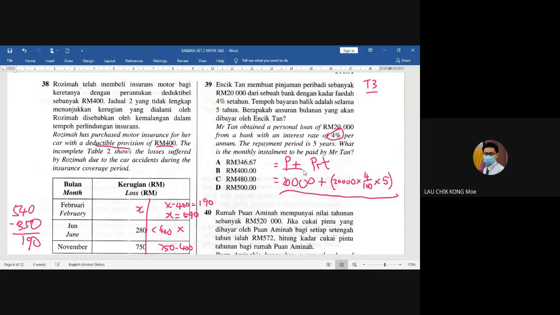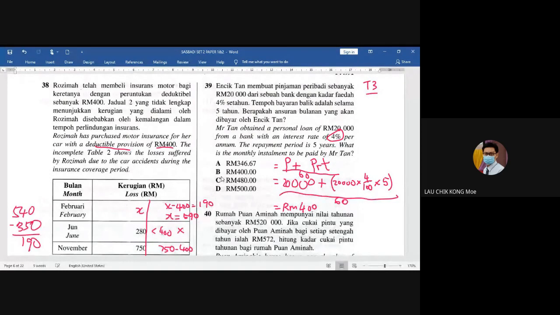Kita bahagilah terus 5 year is a 60 month. 5 darab 12. 60 bulan. Okay, so dia punya jawapan di sini should be RM 400 per month. Oh, sikit sangat. Okay, maksudnya mampu dibayar lah.